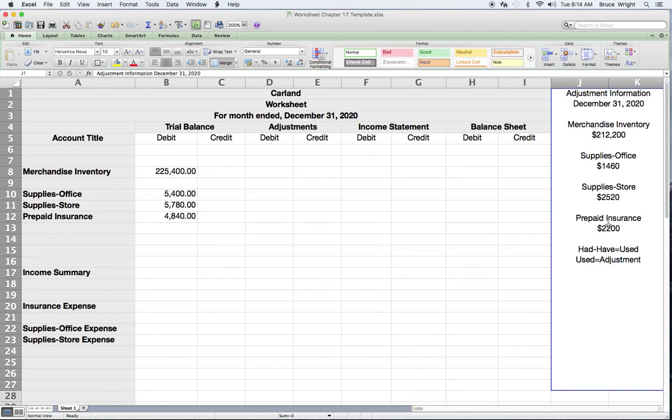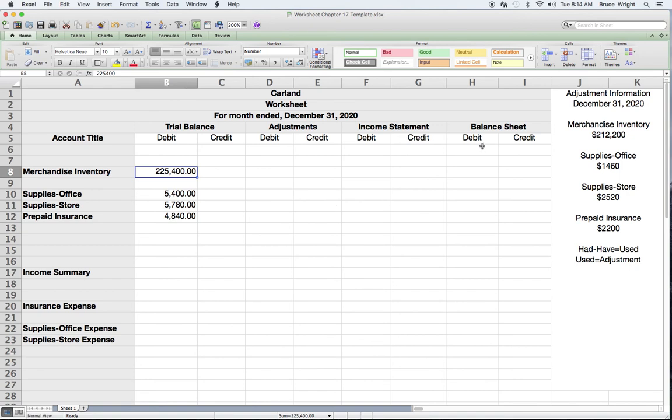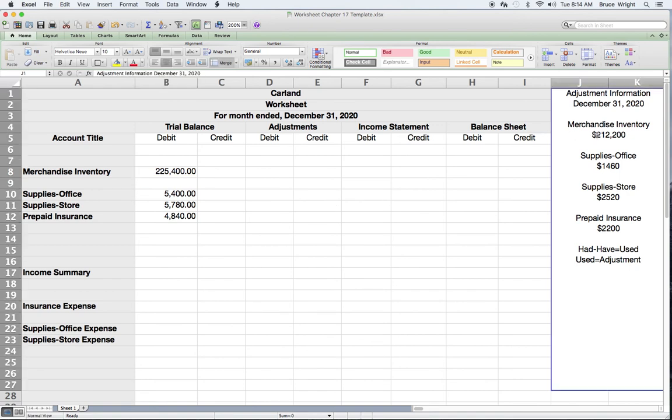Now, if you remember, we have to use this formula right here: had minus have equals use. What we had at the beginning, 225,400. What we have now is 212,200. We have to find out what we used, and used is the adjustment.